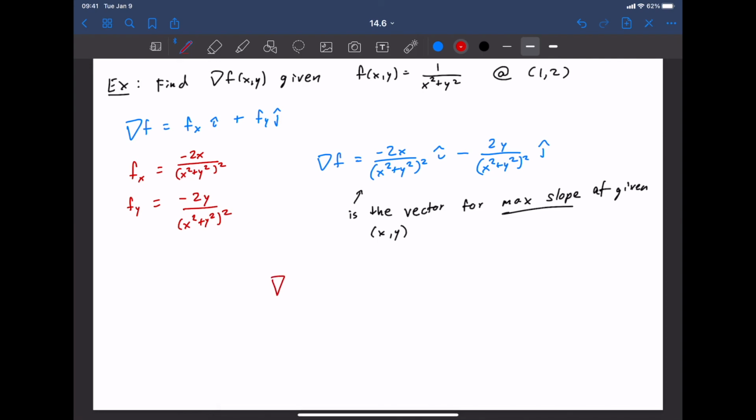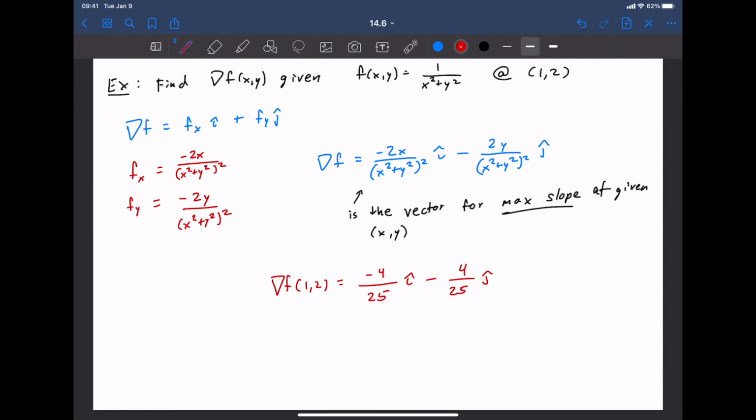When I actually evaluate the gradient at 1, 2, I get negative 4 over 25 in the i direction, minus 4 over 25 in the j direction.